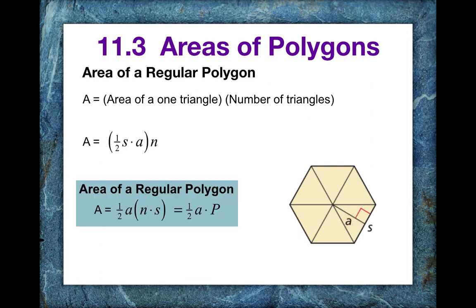So the area of a regular polygon is 1/2 times the apothem times N, the number of sides, times S, which is a side. Another way that we could say N times S is the perimeter of the regular polygon. So if we added up all these sides, that would be P. 1/2 apothem times perimeter.